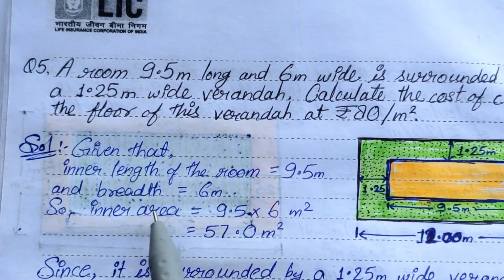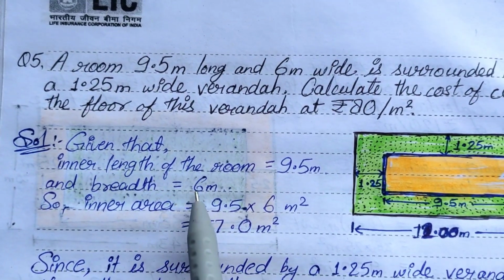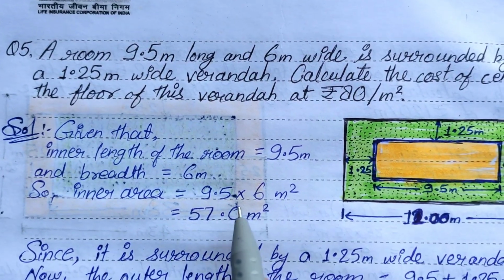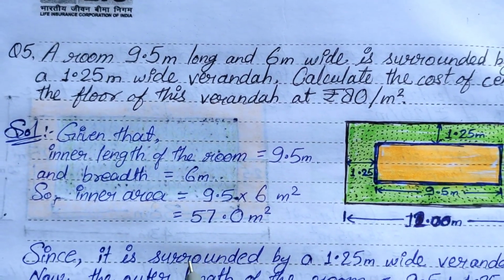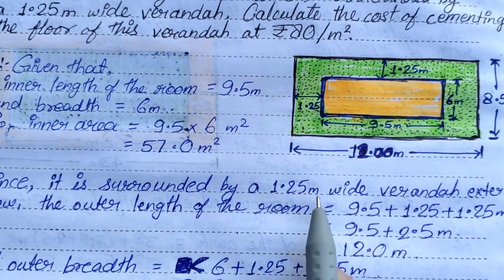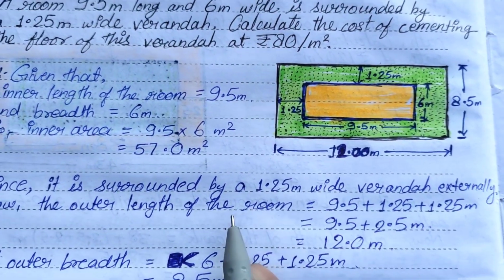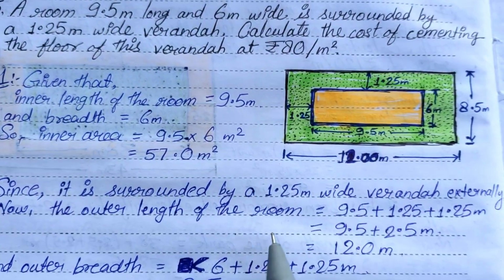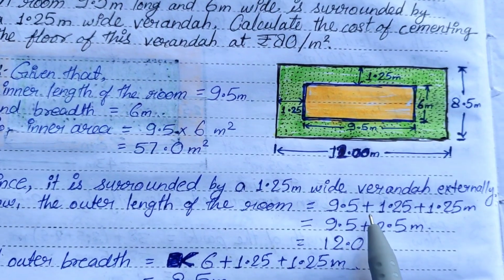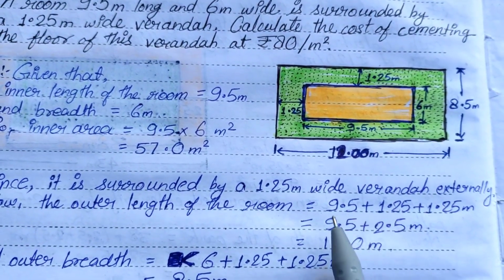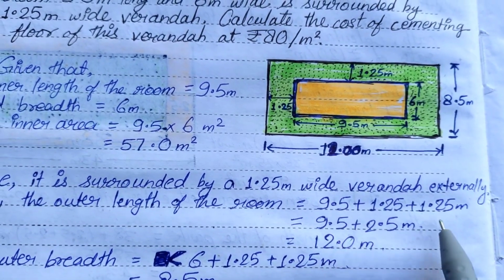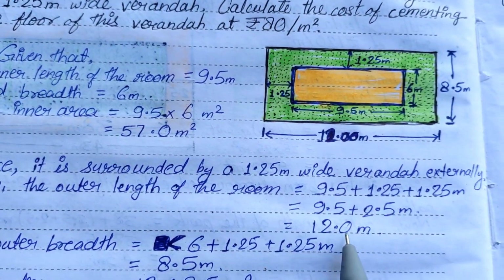Given that inner length of the room, inner breadth of the room, so inner area, or say area of the room, length into breadth, we have 57 meter square. Now since it is surrounded by a 1.25 meter wide veranda externally, the outer length of the room goes like inner length plus 1.25 meter on the left side plus 1.25 meter on the right side, add the total distance, we have the outer length of the room.